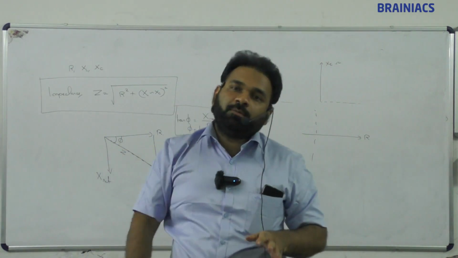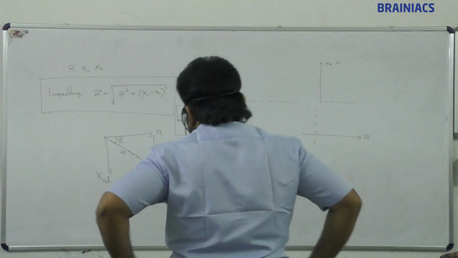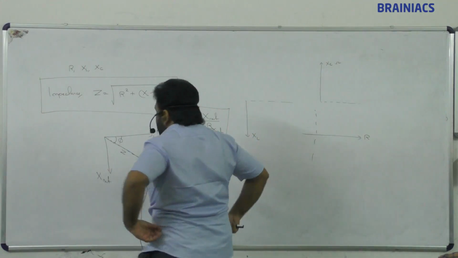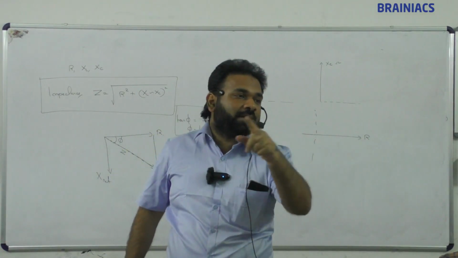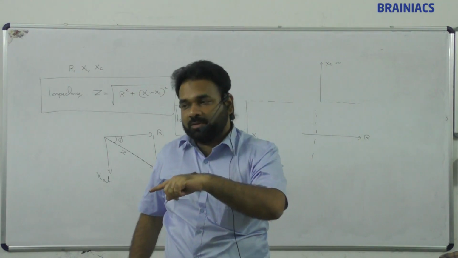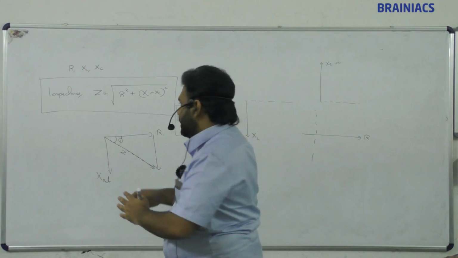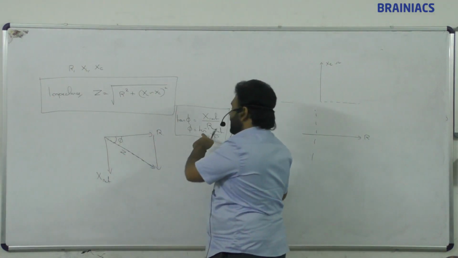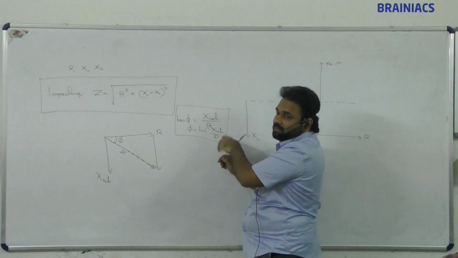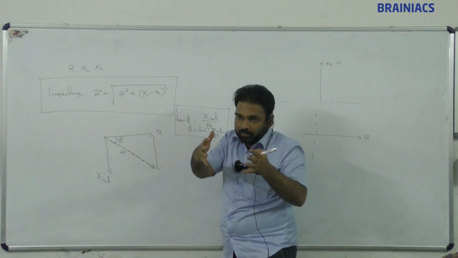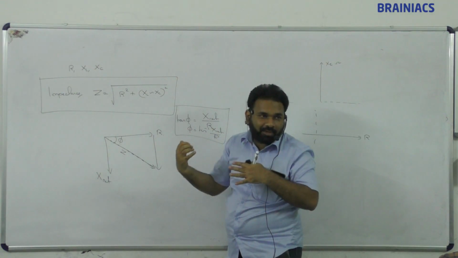Suppose X net is given, and resistance is given. But sometimes reactance is not given; instead resistance and impedance are given. Should we waste time finding the reactance? You have studied tan inverse of reactance by resistance, so from impedance we would find the reactance, then find phi.